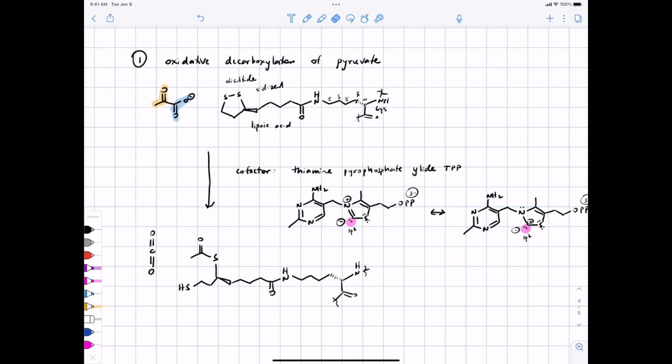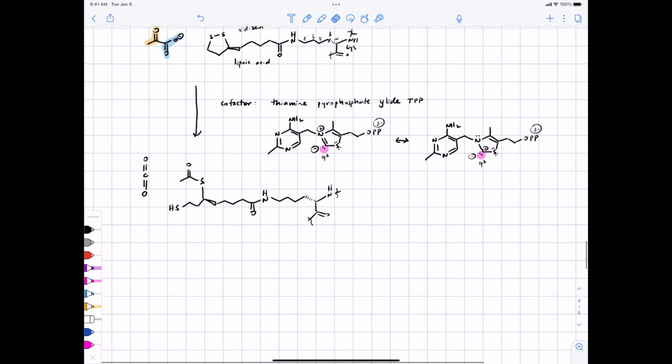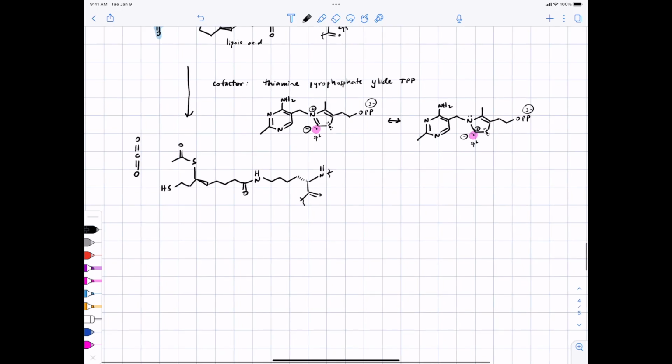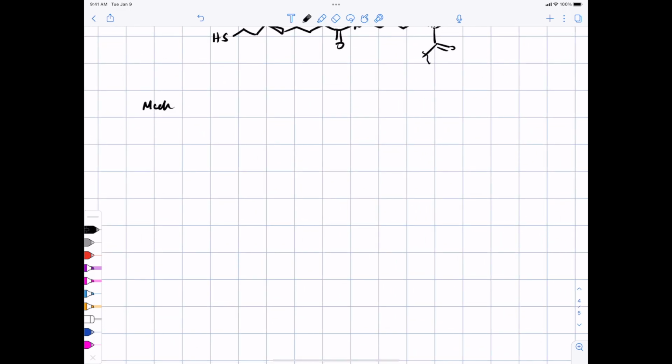So let's look at the mechanism. I'm going to abbreviate the thiamine group because the central portion is the portion that participates in the reaction. So here's your alpha keto acid.